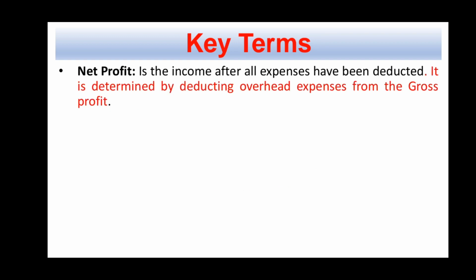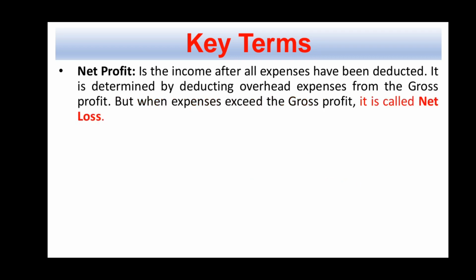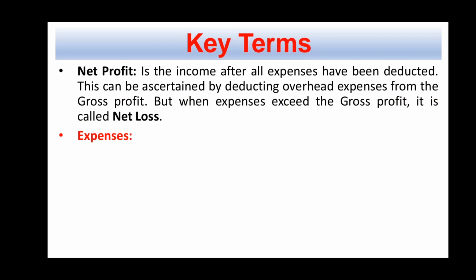The indirect expenses, that is salary and wages, all those expenses being made, are immediately deducted from gross profit. What we have left is net profit. But in a situation when the expenses exceed the gross profit, that is, expenses are more than the gross profit we are having, that means the business is going to run into loss. So what we have at that time is what we call net loss. So you should take note of them.